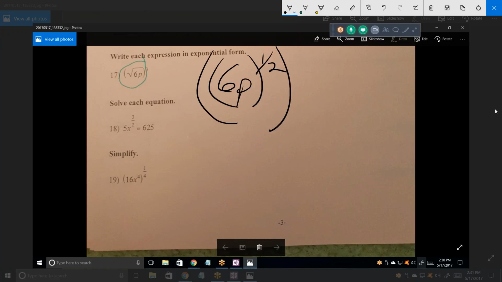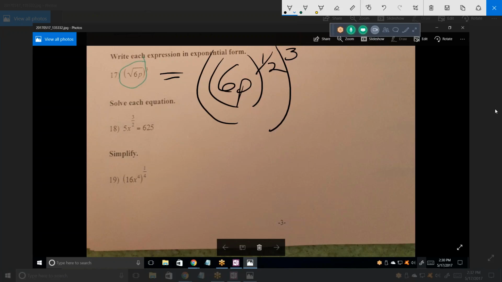Then we're going to cube it. So this is really what that says. The first step is to convert the radical sign, because radical signs are not useful in math, but exponents are. Everything you do higher than what you're doing now will want an exponent, not a radical sign.